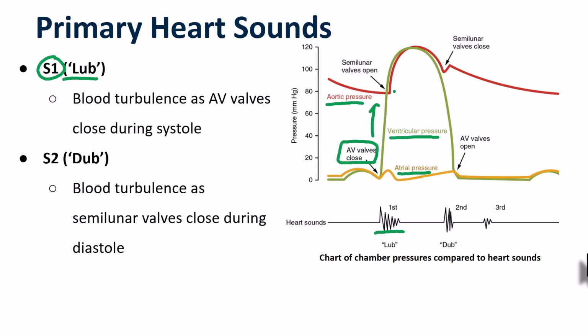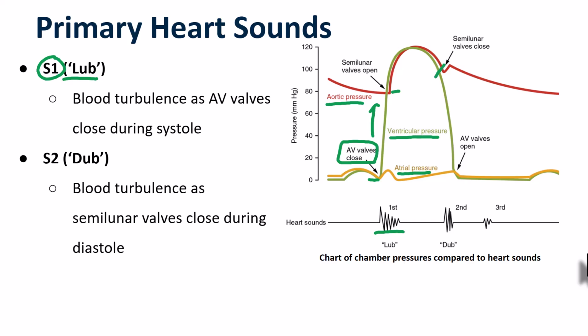From about there until there, we have isovolumetric contraction, so we have the AV valves closed, the semilunar valves closed, and then the remainder of systole until that point.